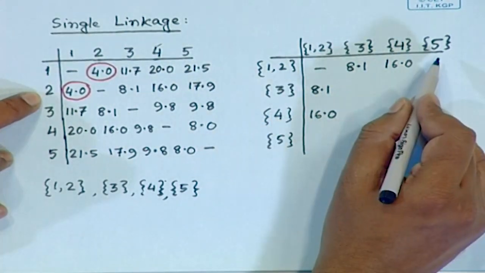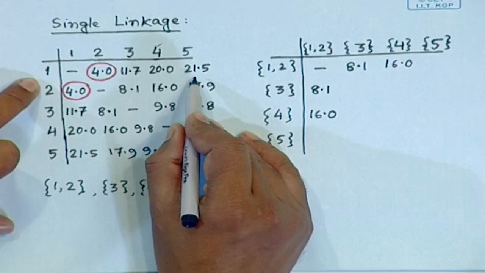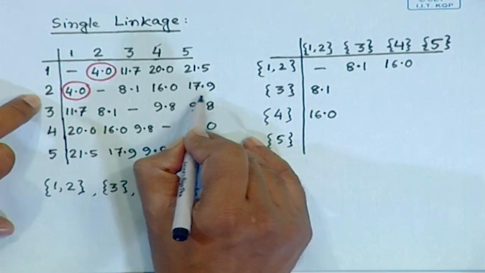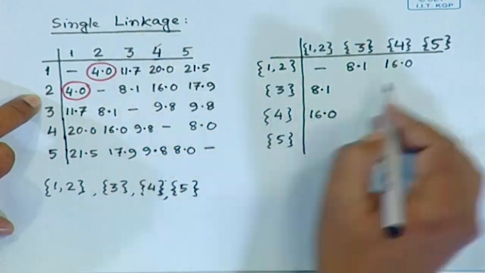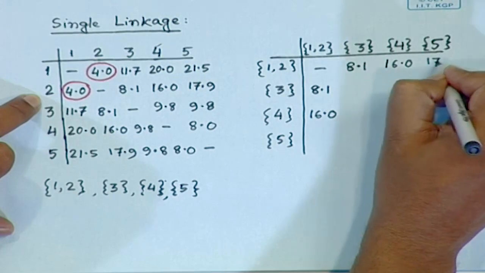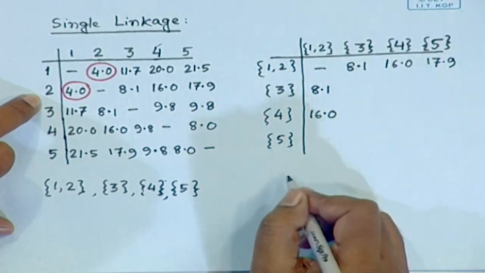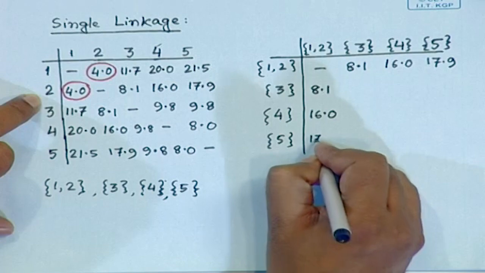Between 1 2 and 5, distance between 1 and 5 is 21.5, 2 and 5 it is 17.9. So, the minimum is 17.9. Here also it is 17.9.